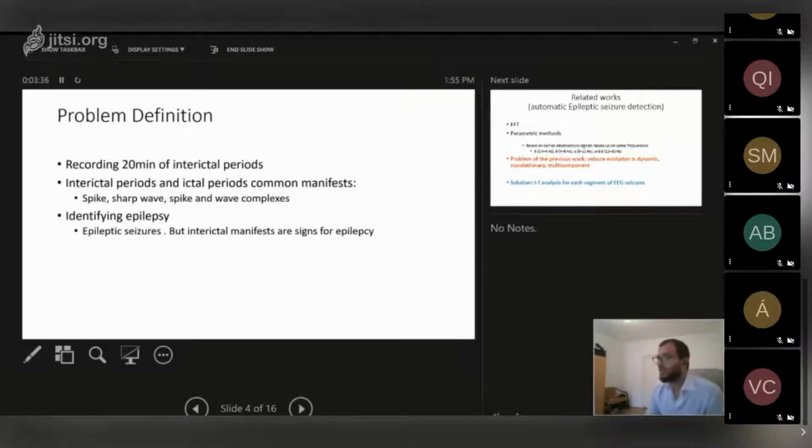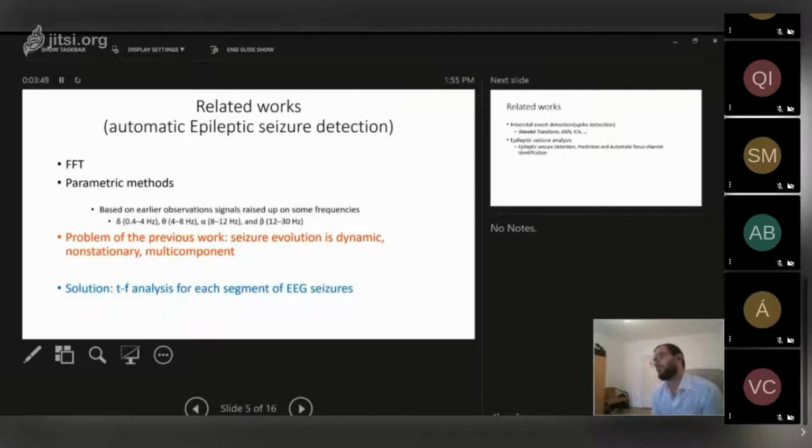So how can we distinguish this interictal manifestation of epilepsy inside the EEG signals? There was some very early work with parametric methods applied to the EEG signals. They considered earlier observations of the signal rising suddenly in some frequency band, like between 4 and 8 hertz, as mentioned in some previous works.